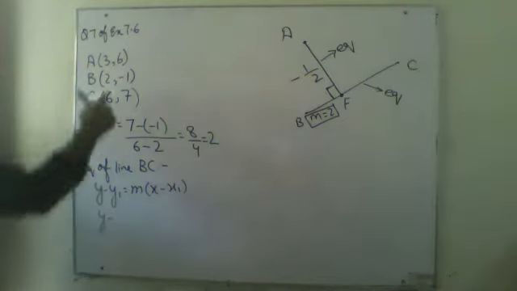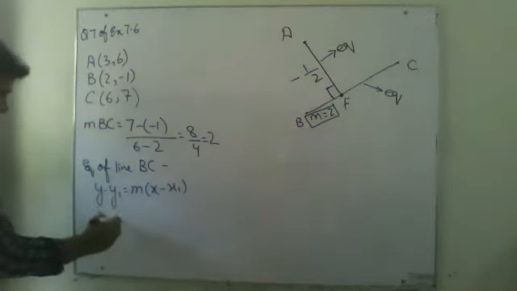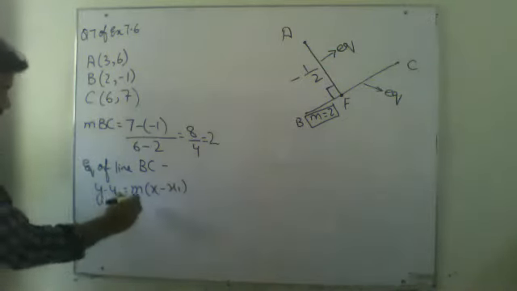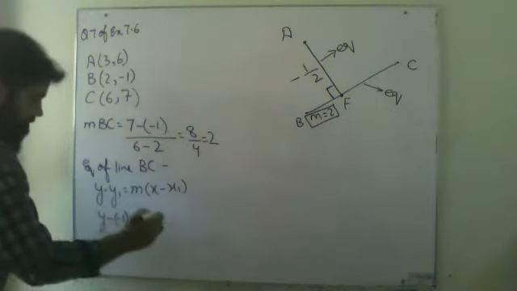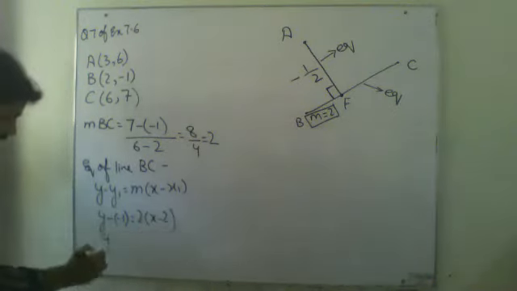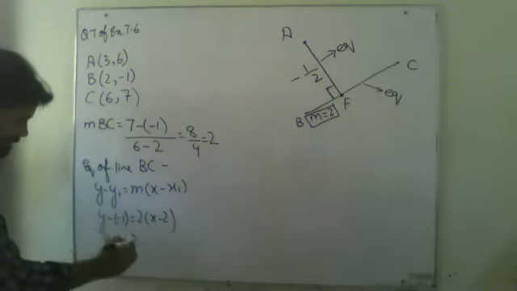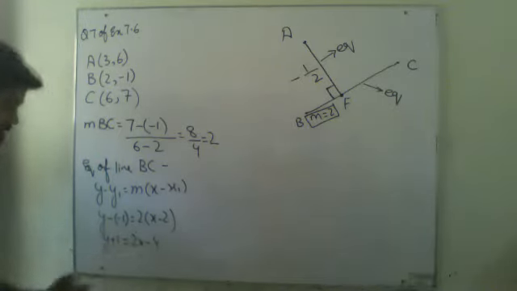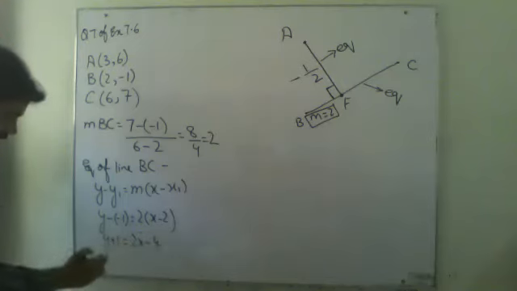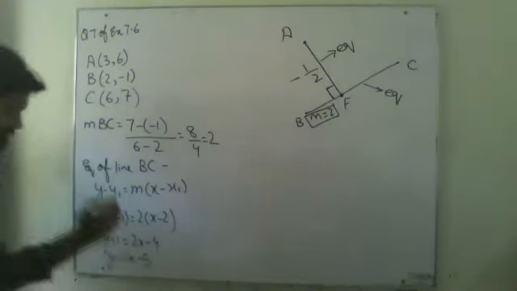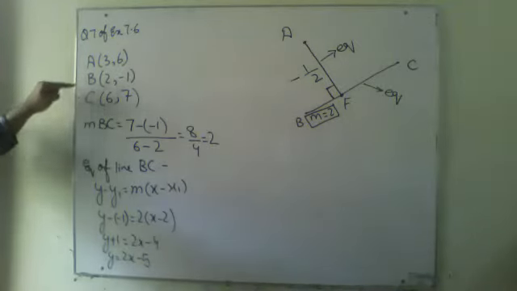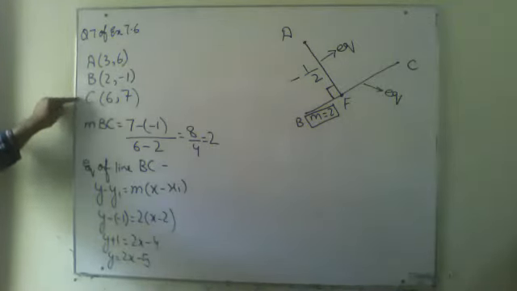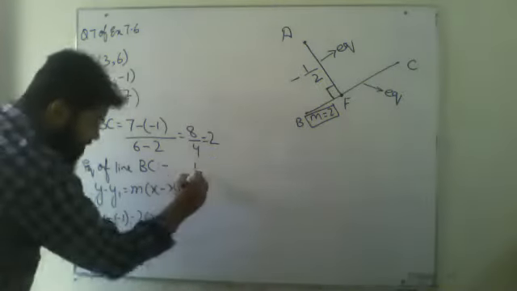First of all, I'm going for B. y minus 1, m was coming 2, x minus x1. Simplifying it, y plus 1 equals 2x minus 4. Shifting it over here, y equals 2x minus 5. In this scenario, I have used B. Now I'm going to do the same thing with C also, so you can get the idea better.